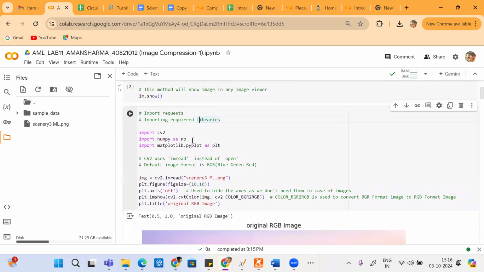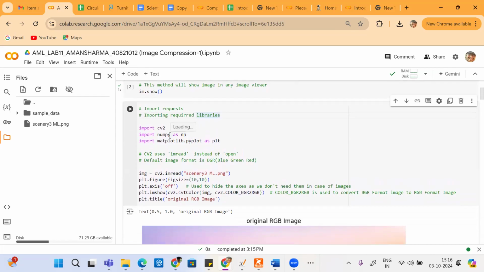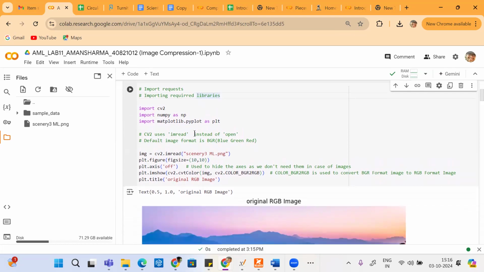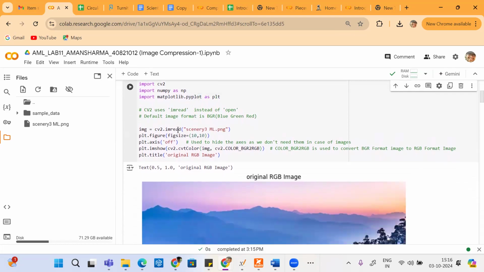Then we have the CV2 library, which is a computer vision library generally used for image processing and video processing tasks. So we are importing CV2, then we import NumPy as np, then we have a visualization library, Matplotlib. In CV2, we are using the imread method to read the image.